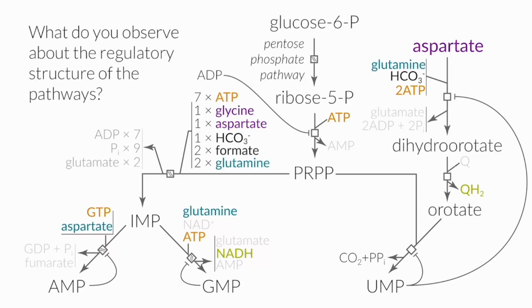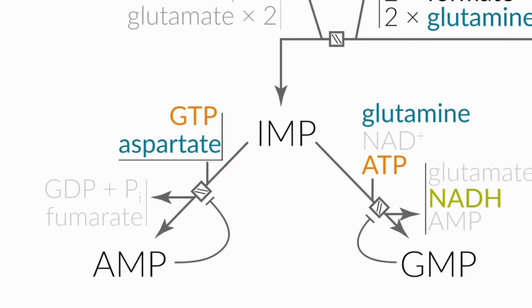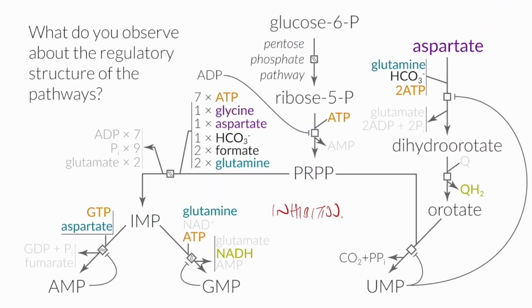All right, so we came out of our pause, and what we see here is lots of inhibition. There are lots of points on here where, for example, we have this flat arrow. That is saying that AMP is inhibiting its formation. We see that GMP is inhibiting its formation.